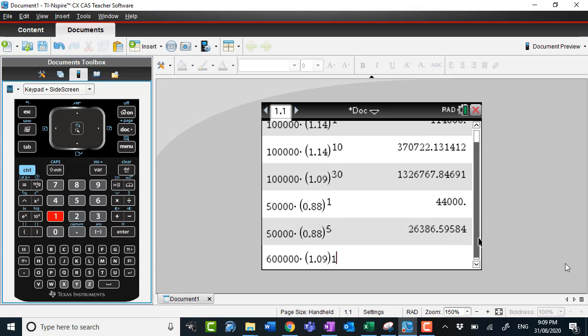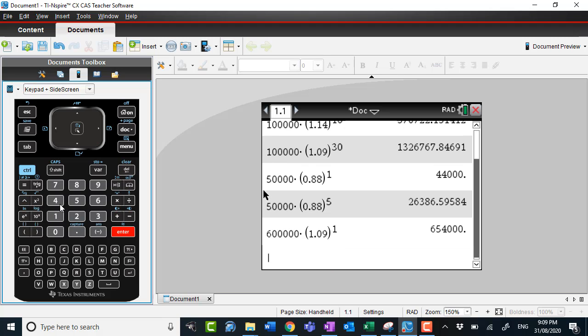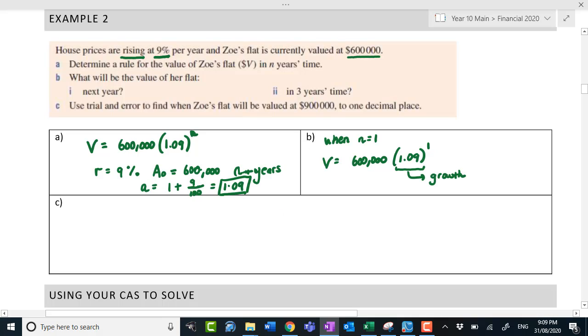And that's going to give us, there you go, 654,000.